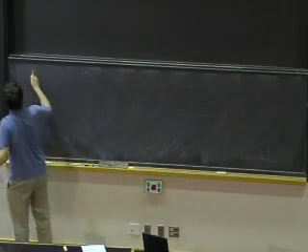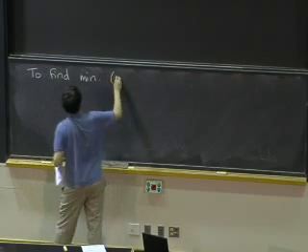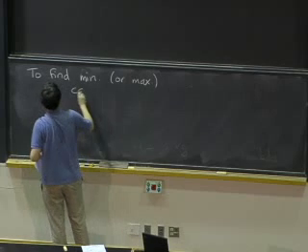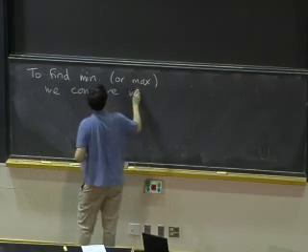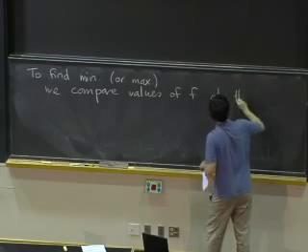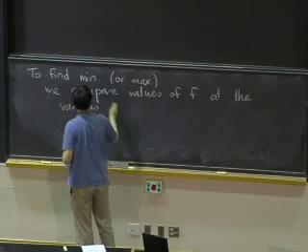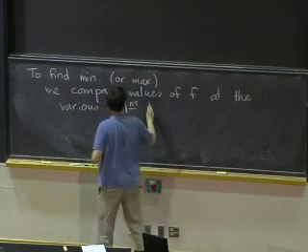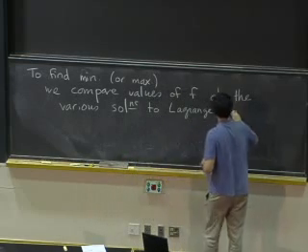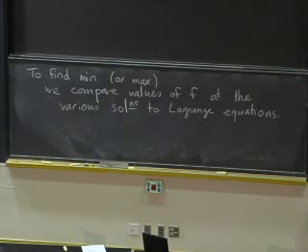To find the minimum or the maximum, we compare the values of f at the various solutions to the Lagrange multiplier equations.